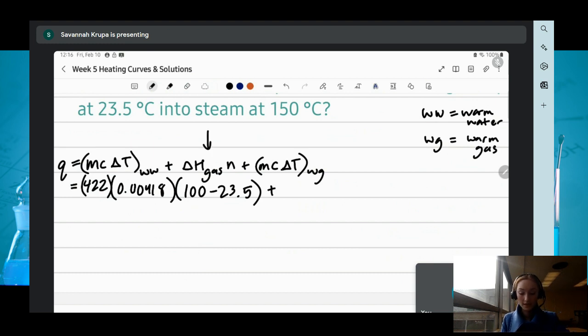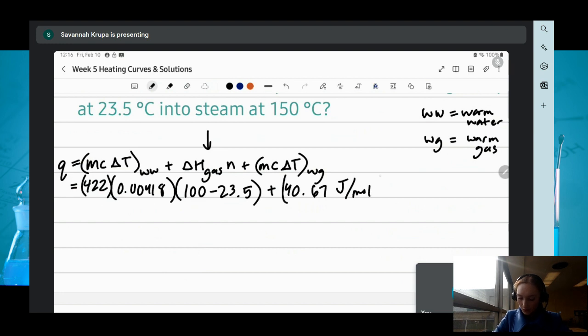Okay, so we're done with this term here, and now we're going to add the second term, which is going to be the enthalpy times the moles of the water. So the enthalpy value of water at vaporization is 40.67, and that's in, I believe, kilojoules. So we'll have to convert that. No, that's already in joules. Yeah, 67 joules per mole.